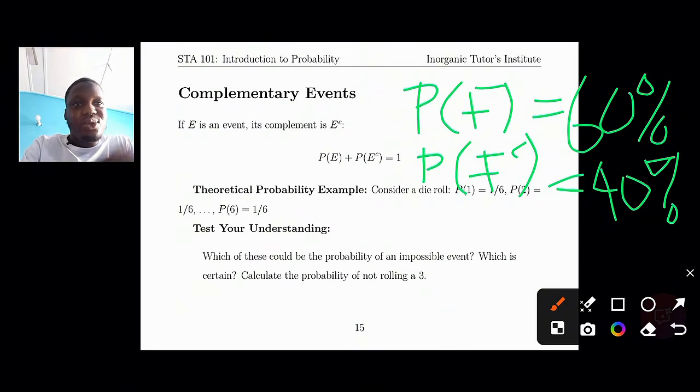Okay. So they should always sum to 1. You will see this a lot in our calculations. We will use this relation a lot. Okay.